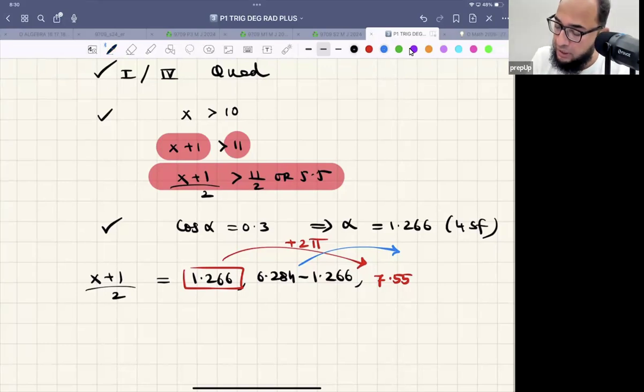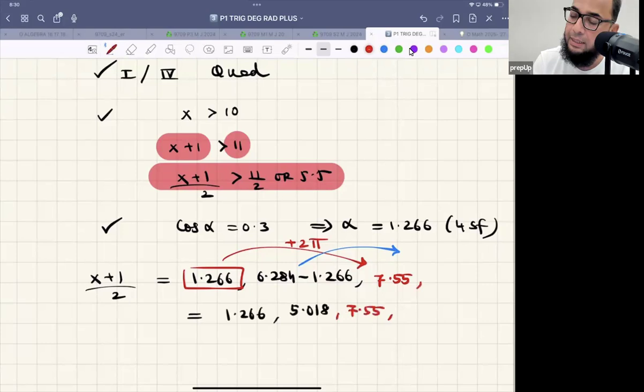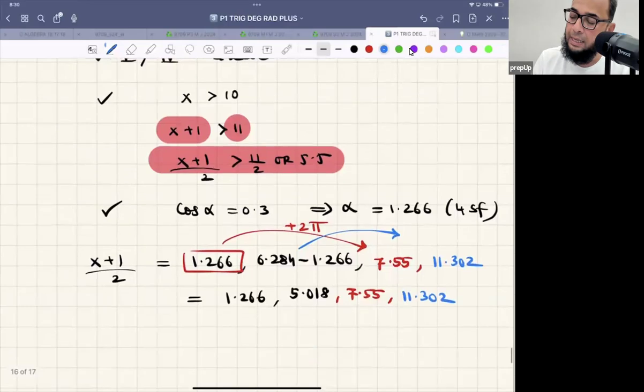Let me first write it over here: 5.018, this is 1.266, and the red one is 7.55. That goes again over here, and the blue one is 5.018 plus 6.284, which comes out to be 11.302. So this is (x plus 1) over 2.